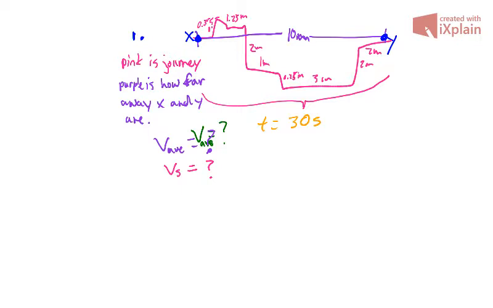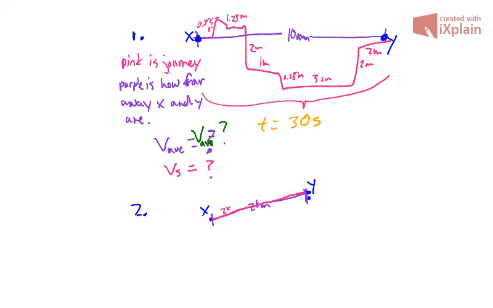Let's make some that are also a little bit simpler. So we're still going to do X and Y in each case. This one won't have as many twists and turns. So we've got our purple. We'll say that's 2 kilometers away. And then we'll say, in this case, the journey is like this.